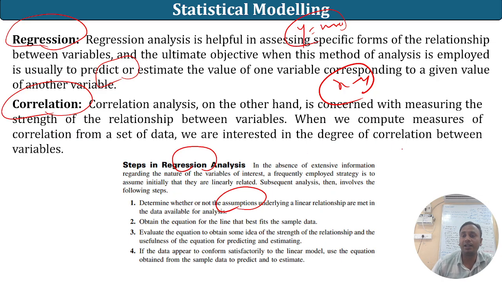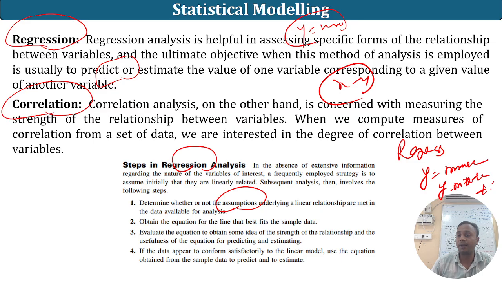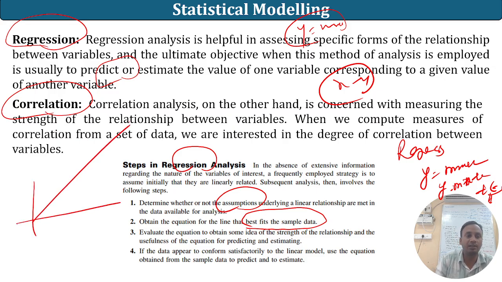The whole idea of regression is that we fit the equation mx plus c, or y is equal to mx plus c plus error, and that error should follow the normal distribution. Then we obtain the equation for the line that best fits the sample data.